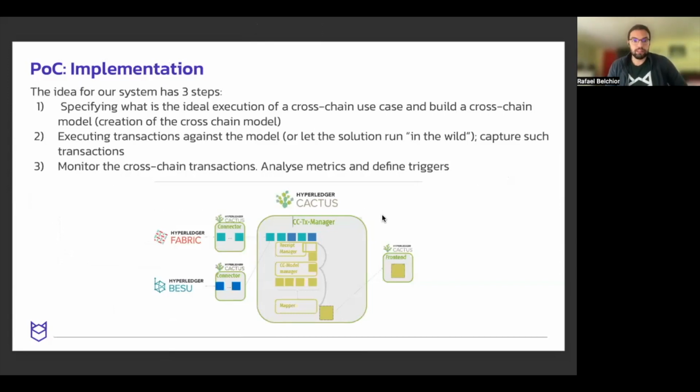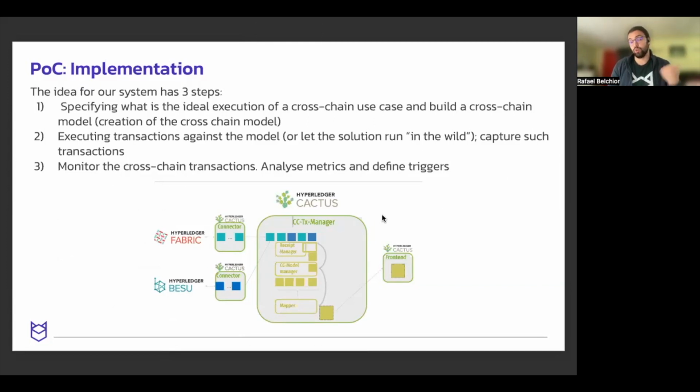Now, we implemented this idea using Hyperledger Cacti. It's called Cacti now instead of Cactus. We bootstrapped two blockchains, a private Hyperledger Fabric blockchain and a Hyperledger Besu blockchain, and we created events.